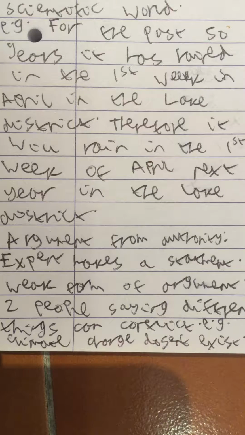And that is an argument from authority, and that's why it's seen as a weak form of argument, because if you have two people who have got different opinions on one topic, then that can create a problem, as it doesn't necessarily prove that that statement made by one person is correct. And that's why argument from authority is seen as a weak form of argument. So that's an argument from authority.